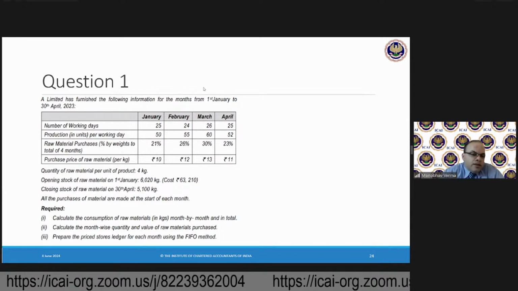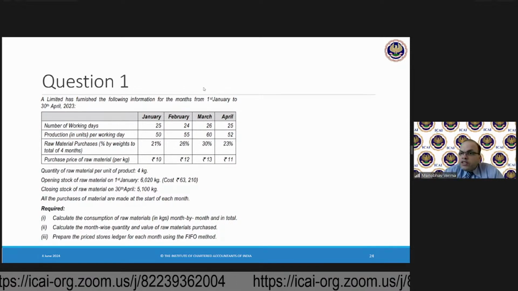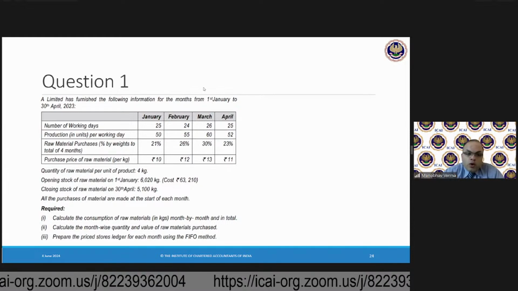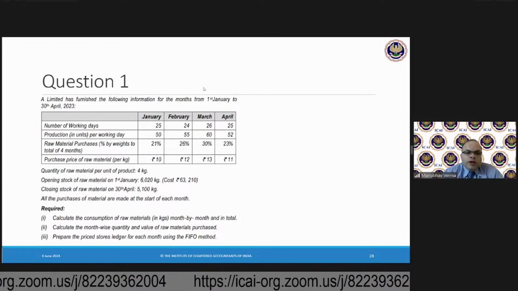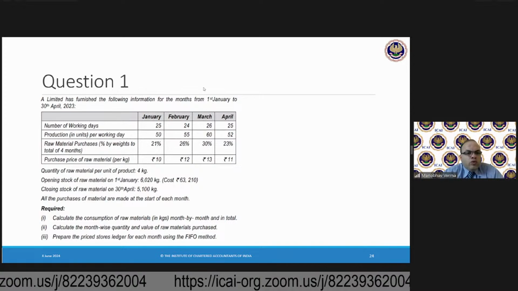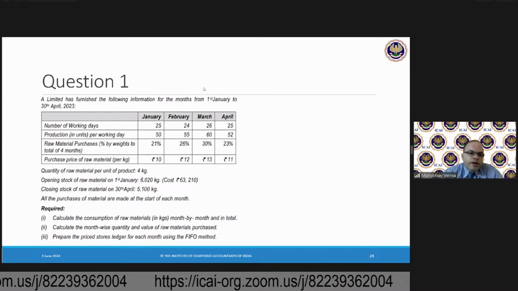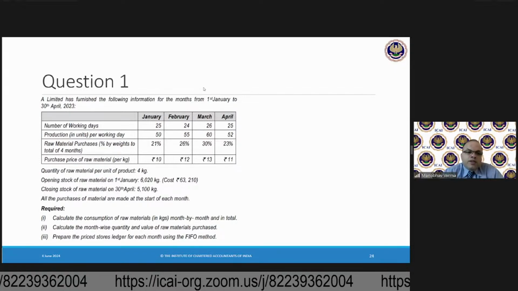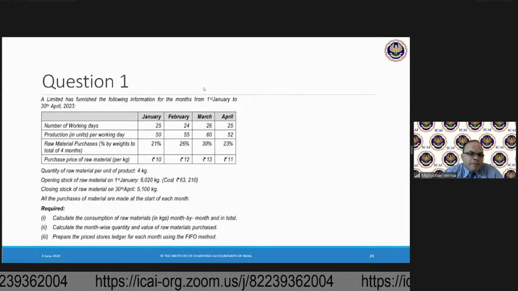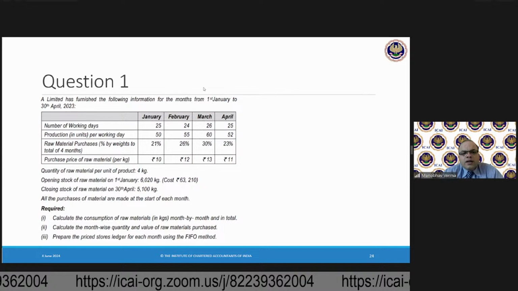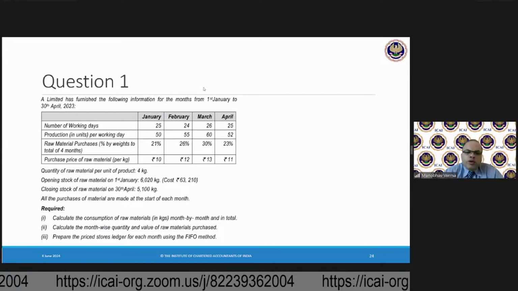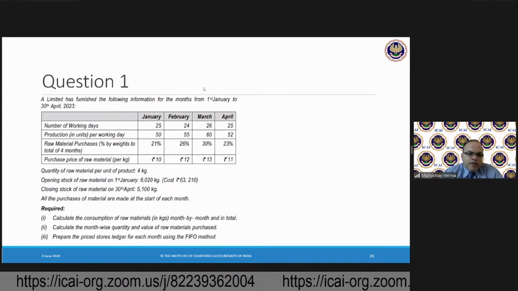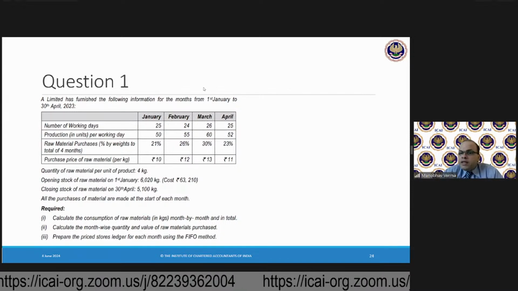We are looking at the number of days, production per working day, raw material purchases, percentage by weights to total of 4 months here, purchase price of raw material per kg, and quantity of raw material per unit of product. Opening stock of raw material on 1st January and closing stock on 30th April is given to us.